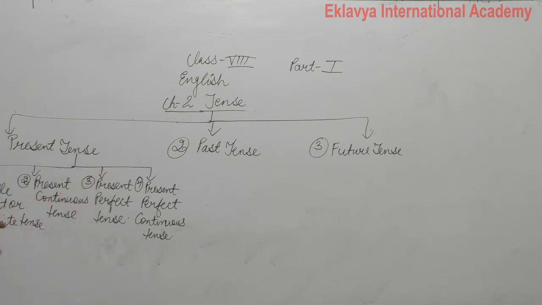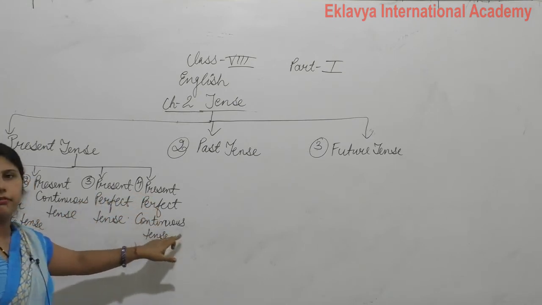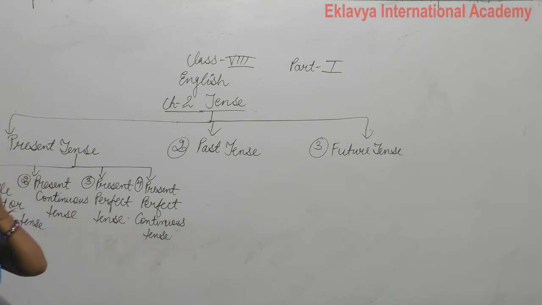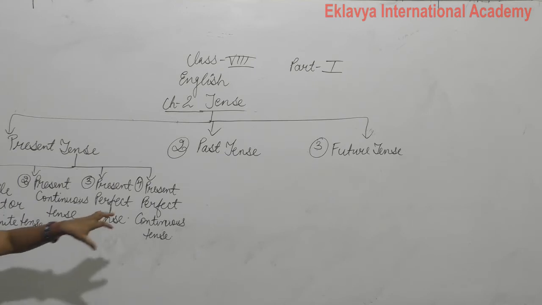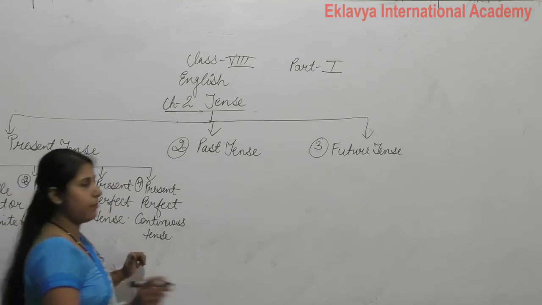First is our simple present, or we can call it indefinite tense. Second is our present continuous tense. Third, present perfect tense. And fourth is our present perfect continuous tense. So you all make this same table in your notebook. Okay, you all write in table form.